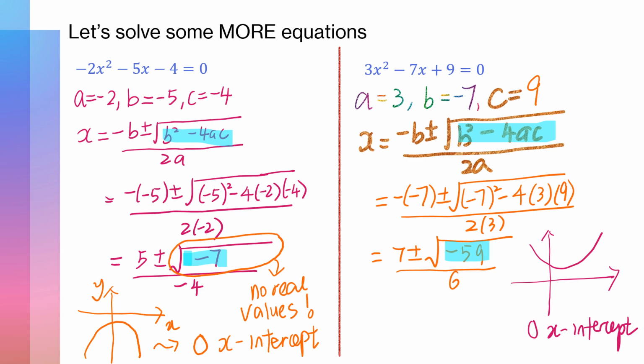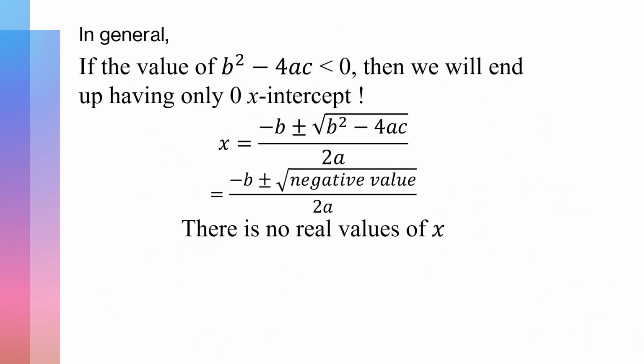The conclusion you can make here is if the value of b squared minus 4ac is less than 0, we will end up having 0 x-intercept. Please cancel this 'only'. The curve is either entirely above the x-axis if its value of a is more than 0, or if the value of a is less than 0, it's entirely below the x-axis.